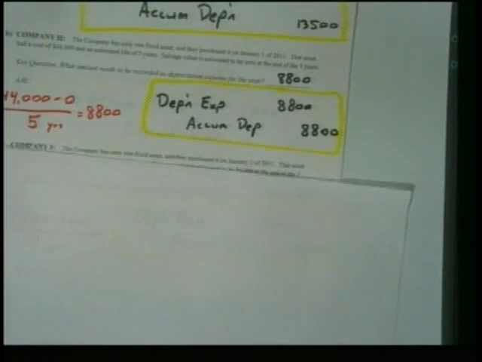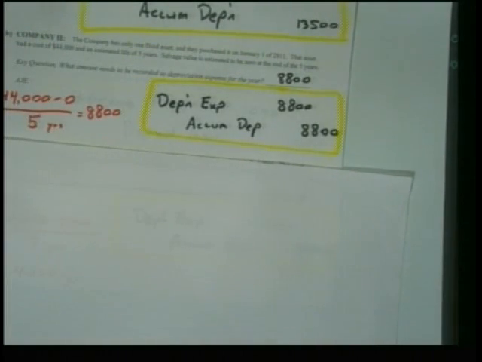All right. Let's go to the next one. Company has one fixed asset. They purchased it on January 1, 2011. The asset had a cost of $44,000, an estimated life of 5 years. Salvage value is estimated to be 0 at the end of the 5 years.